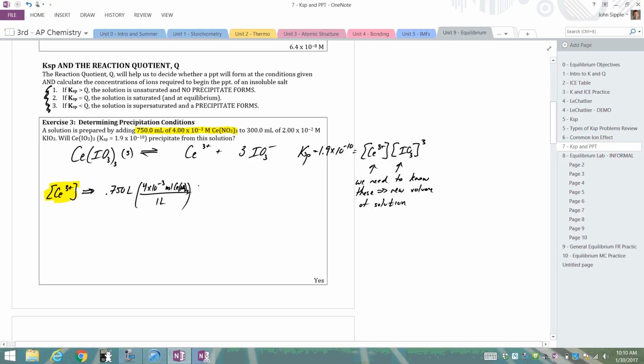And for every 1 mole of cesium nitrate that is dissolved in solution, there is 1 mole of cesium plus floating around in solution.